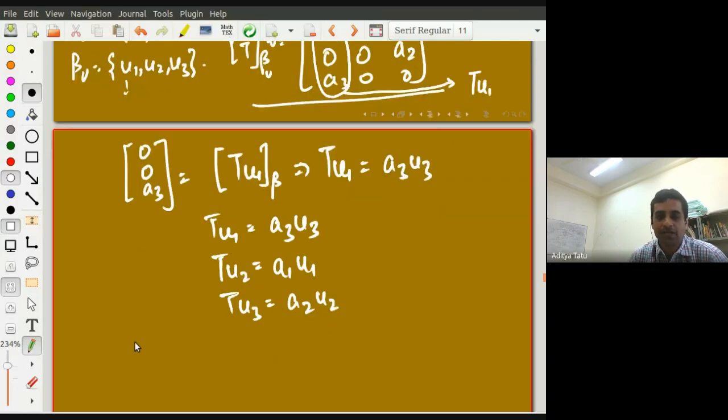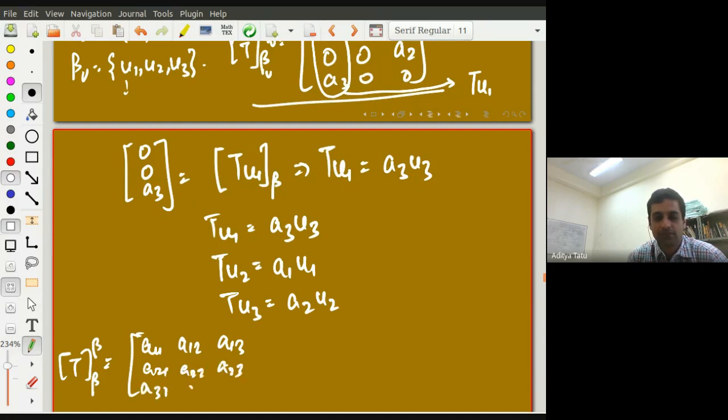So you can see why we would want as many zeros as possible in the matrix representation. Compare this with if you had T beta beta to be something of this form: A11, A12, A13, A21, A22, A23, A31, A32, and A33, where none of them are zero. In that case, what would TU1 be?